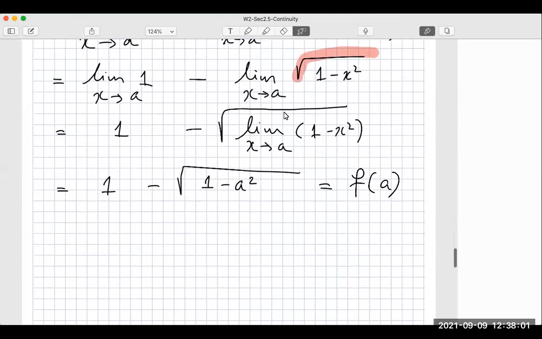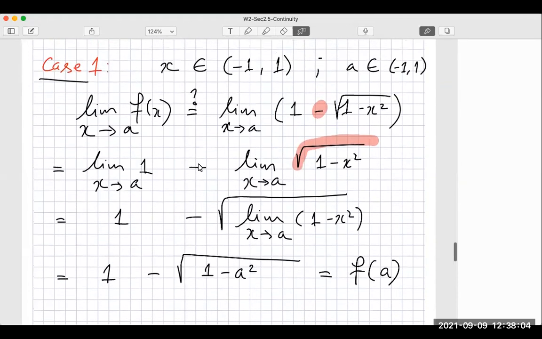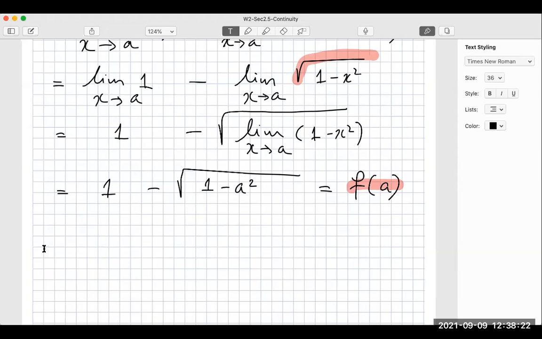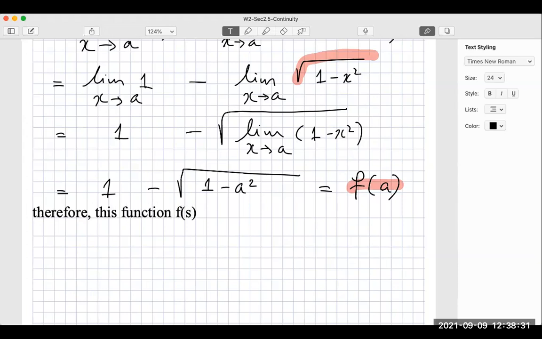Then it's satisfying the definition of continuity. It means that the limit of this function when x approaches a is f(a). Then we conclude that this function is continuous in this open interval, from -1 to 1.